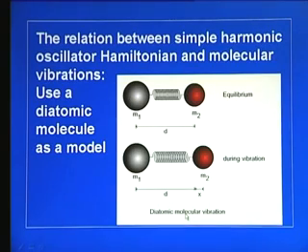What is the relation now between this and the molecule's vibration that I've been talking about? Think about a diatomic molecule as two atoms with masses m1 and m2 connected to each other by a bond which you can imagine to be a spring. If the molecule doesn't vibrate, it has no vibrational energy, and this is the equilibrium position.